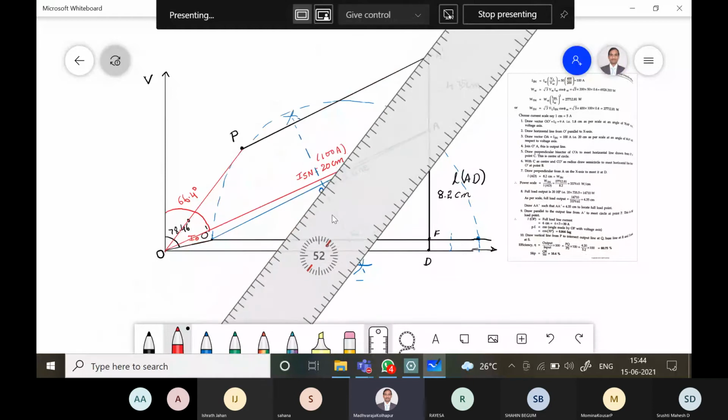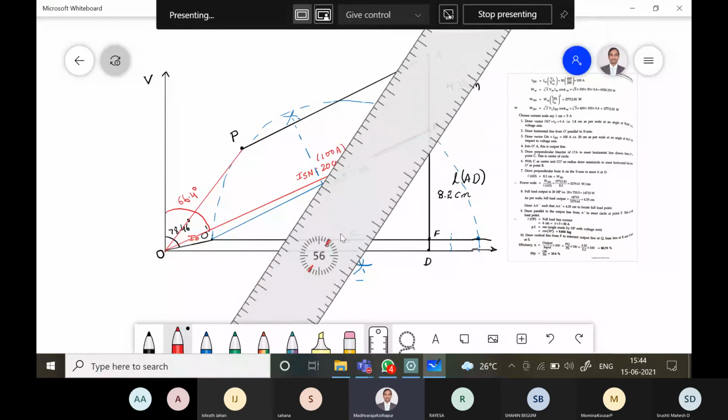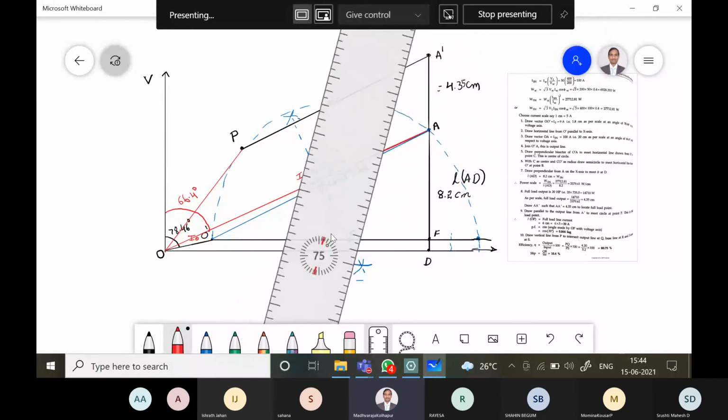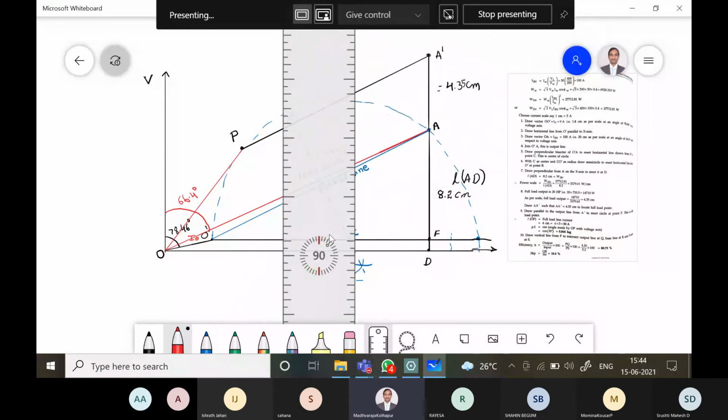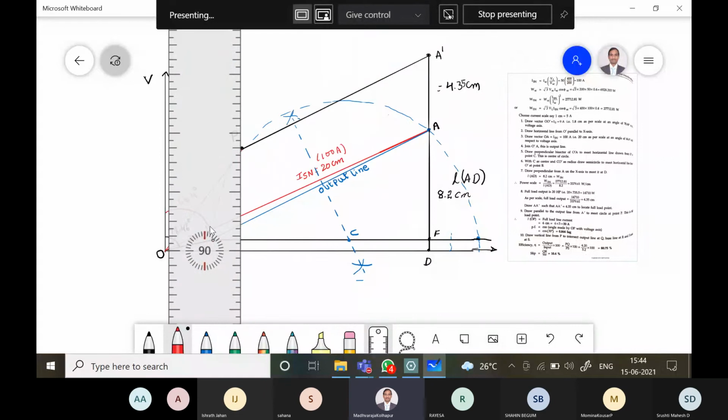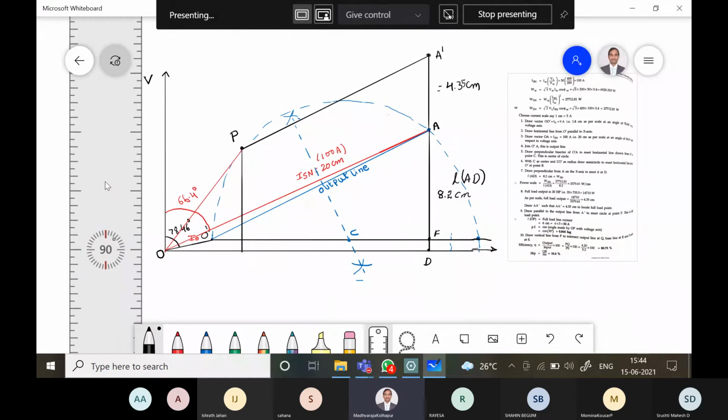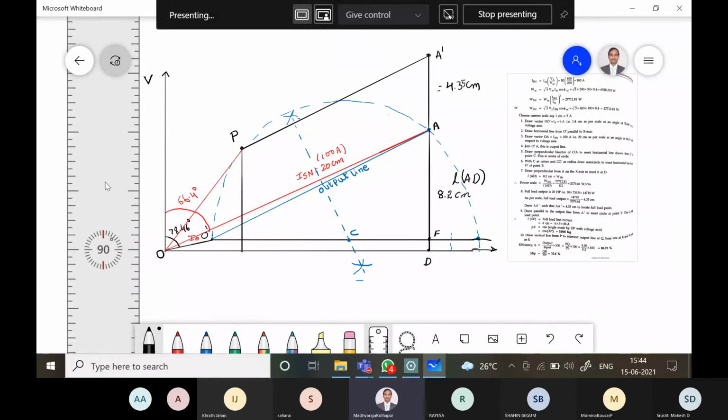Also draw a perpendicular line from P. That perpendicular line touches the output line, and that point is called Q point.